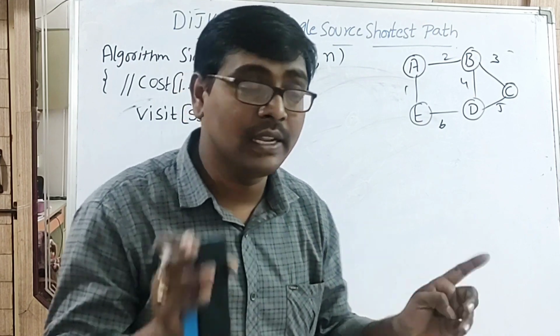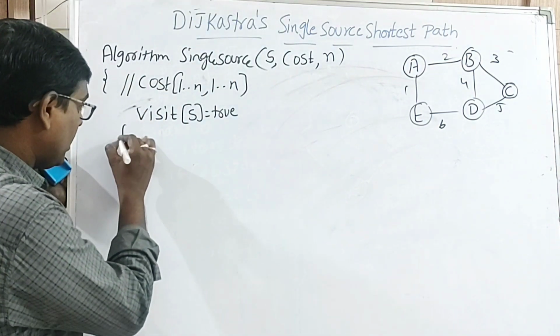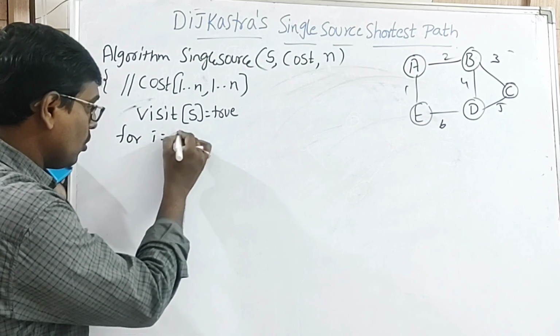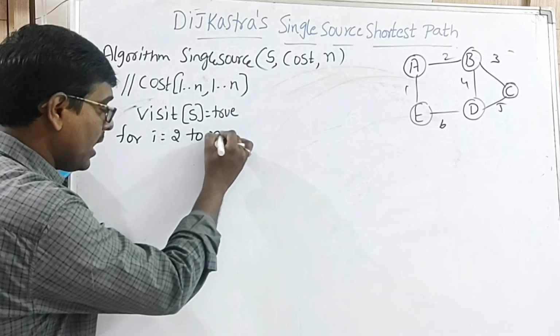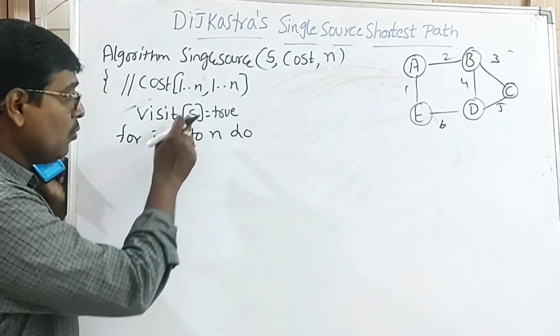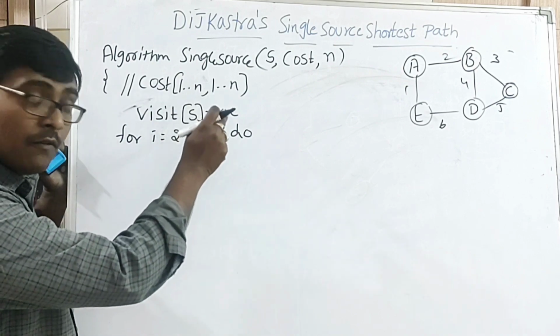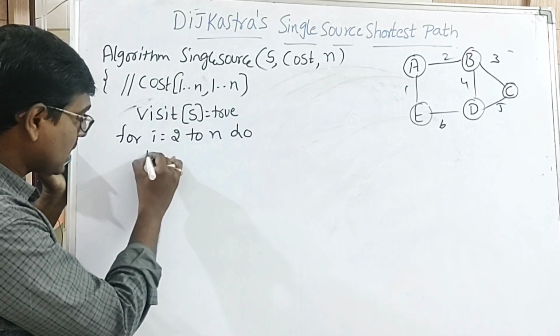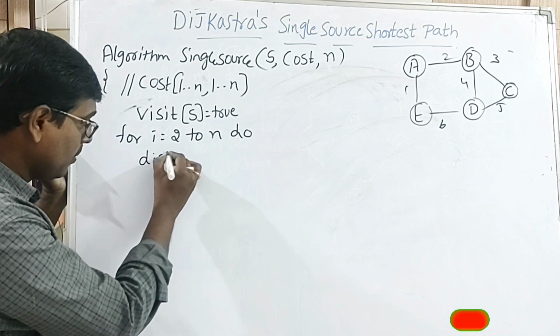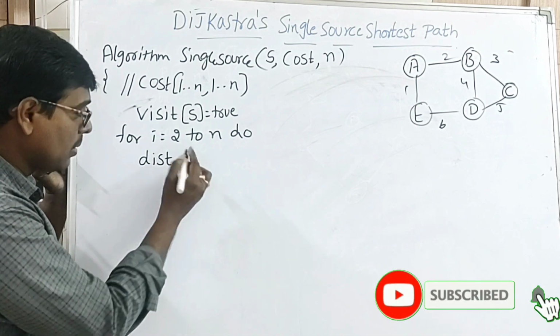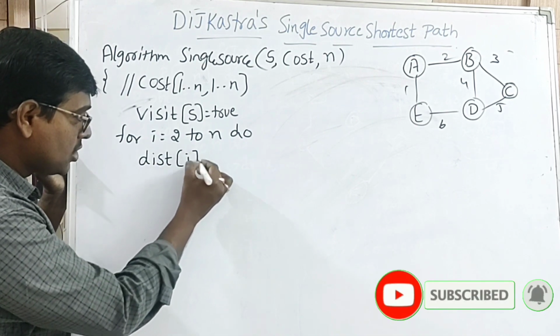So, for i equals 2 to n, since one vertex is already visited, for all the remaining vertices I am using a term DIST. Remember the term DIST of i.